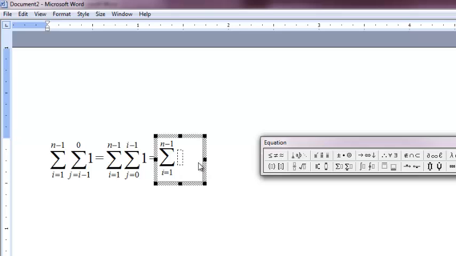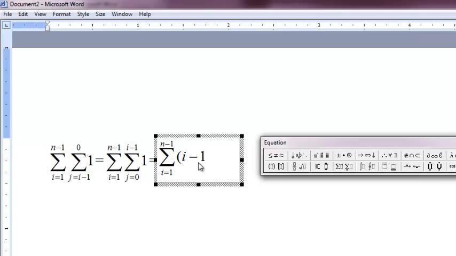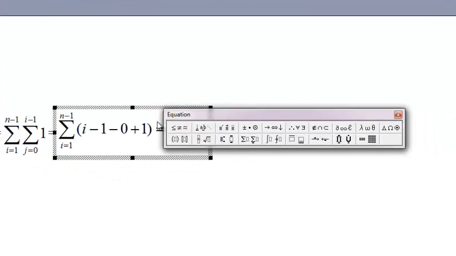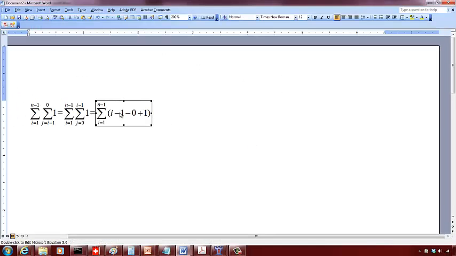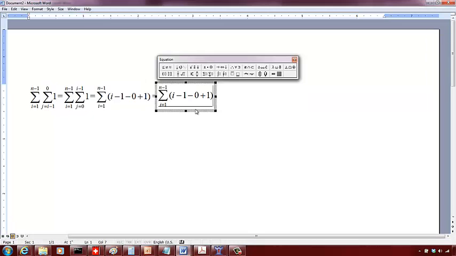So this is going to be i minus 1 minus 0 plus 1. So that negative 1 and this plus 1 cancel, so that is going to be i.